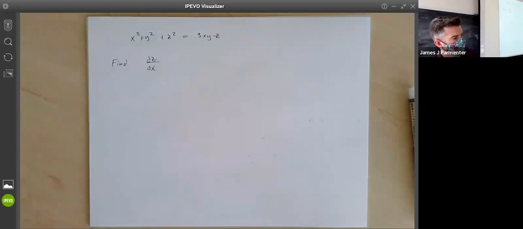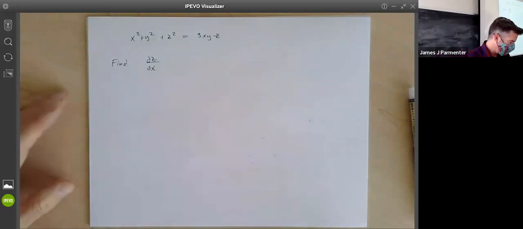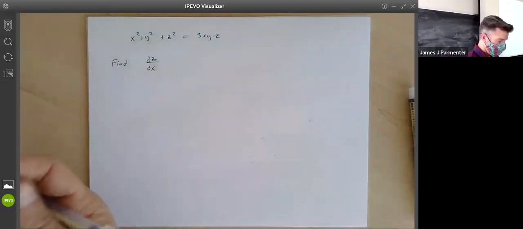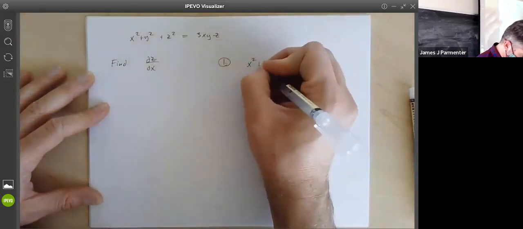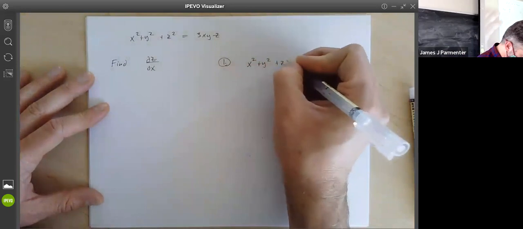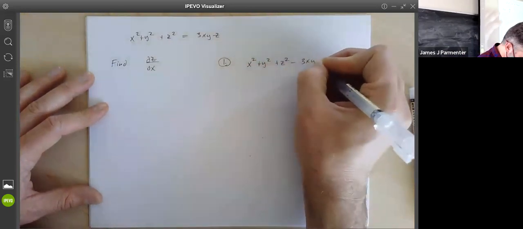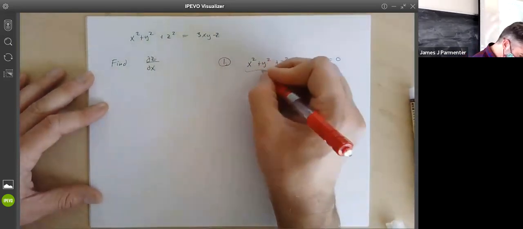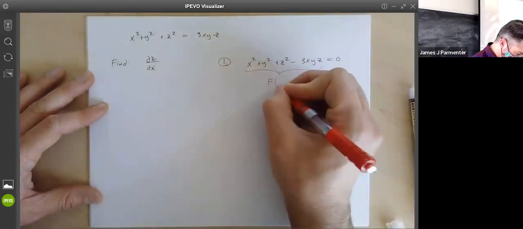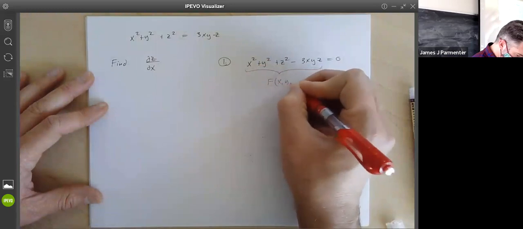So there's two things to do when you're doing a problem like this. The first thing is you need to bring everything to one side. So rewrite this as x squared plus y squared plus z squared minus 3xyz is equal to 0. And then think of this as your function of x, y, and z.